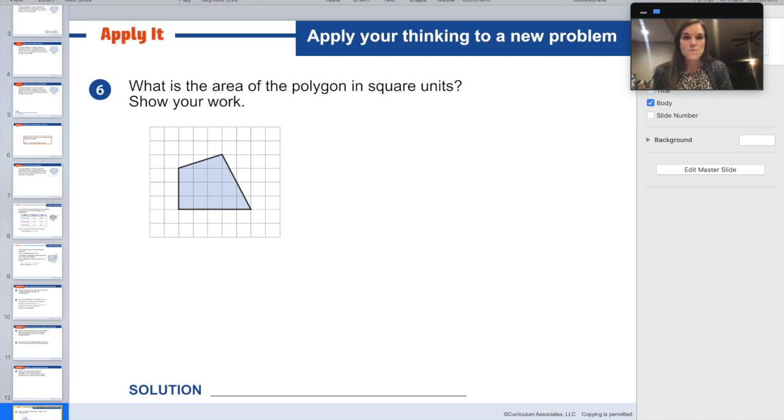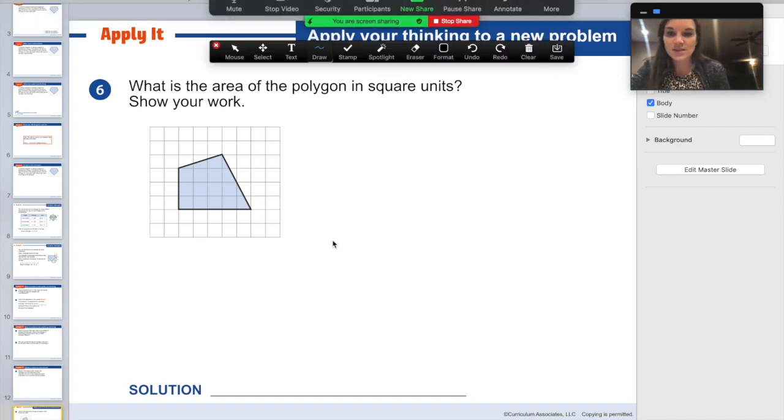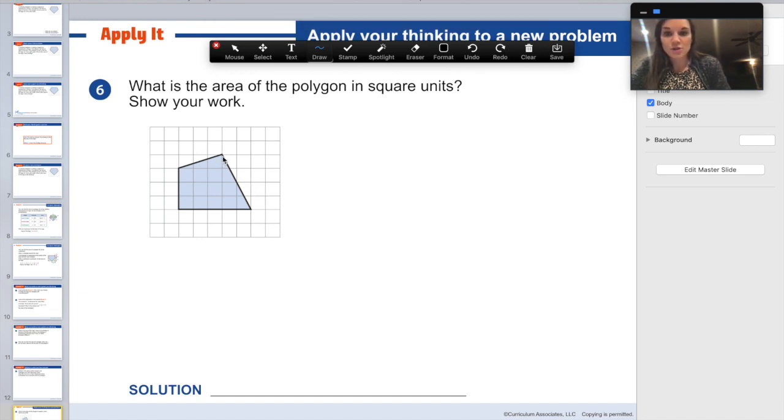Like what they did, we can break this one up into, how about 3 separate shapes? So right here, we'll split it up into, there's a triangle, and here's a triangle, and then we have our square. So let's think about this. What is the area of this triangle?